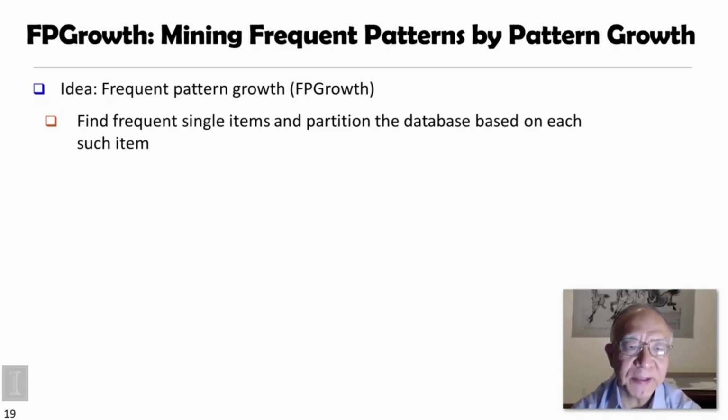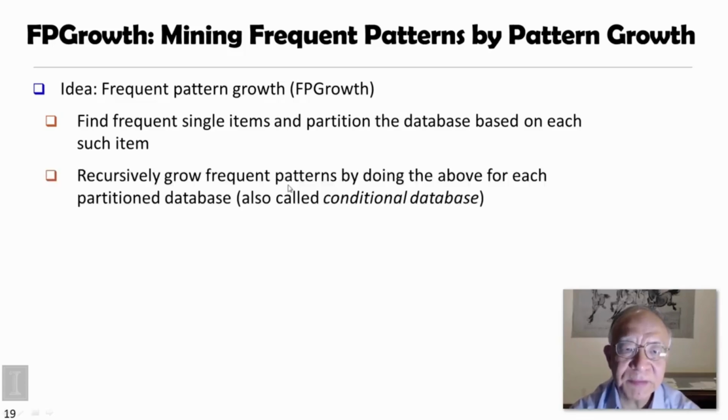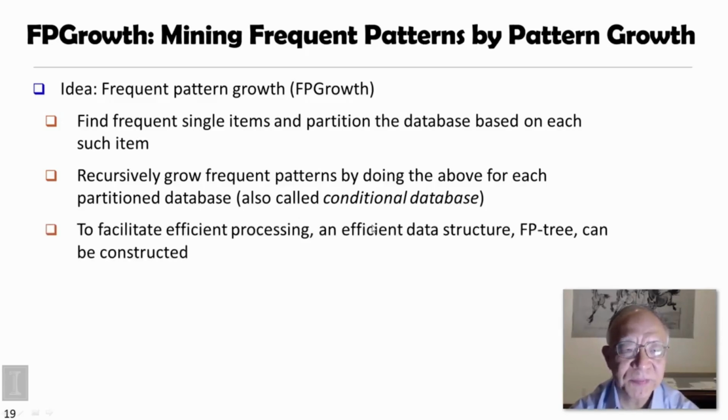The general idea is first we mine the frequent single items, and then we partition the database based on each such item. Then we recursively grow frequent patterns by doing the above iteratively or recursively for each partitioned database, also called conditional database. To facilitate efficient processing, we use a new data structure called FP-tree.